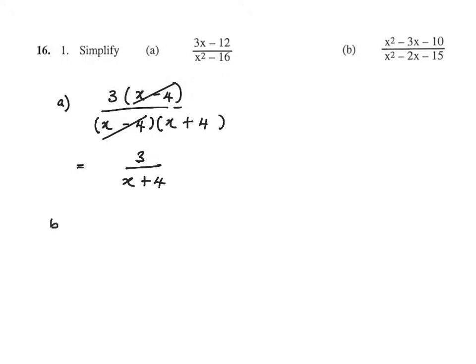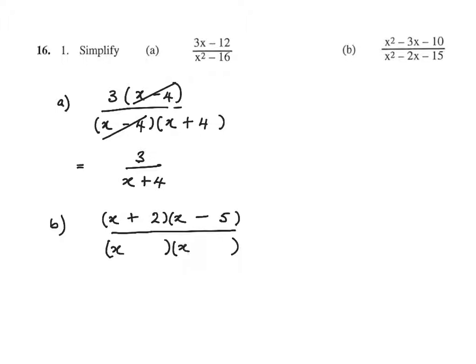Part B, we have a trinomial on top and another trinomial on bottom. So we're going to have x and x. Factors of 10 are 1 and 10, and 5 and 2. Well, we want the 5 and 2 because we've got to be able to get a 3 for the middle term. I want a minus 3, so it's going to be minus 5 and a plus 2.